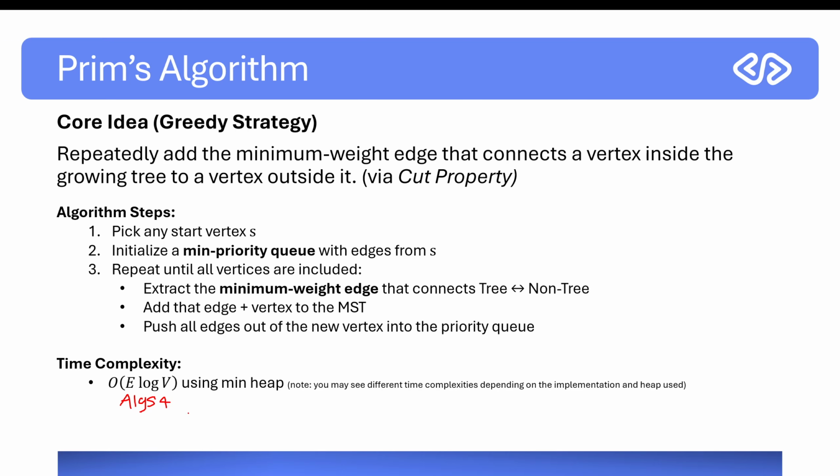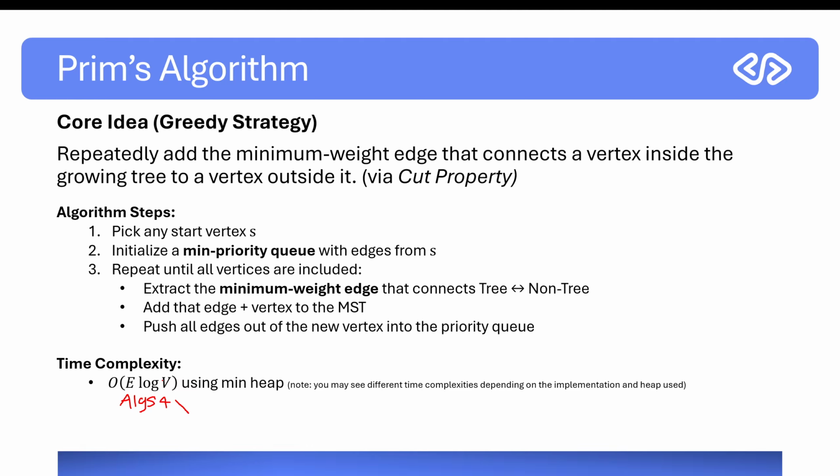So this will usually be the dominant term, E log V, because usually this will be the dominant term. Whenever you see the time complexity of Prim's, always consider what priority queue or heap they're using.